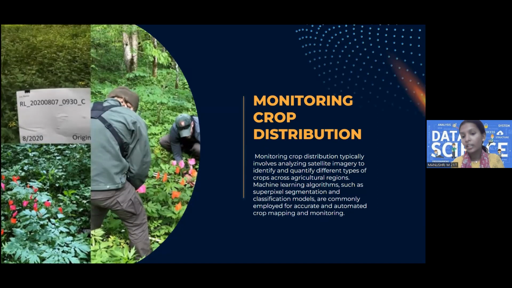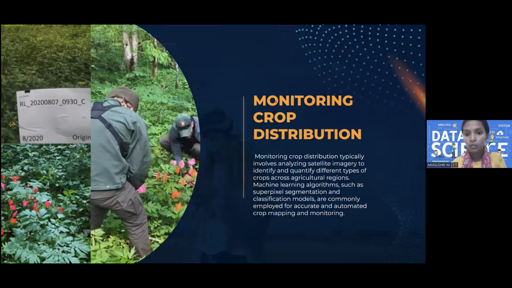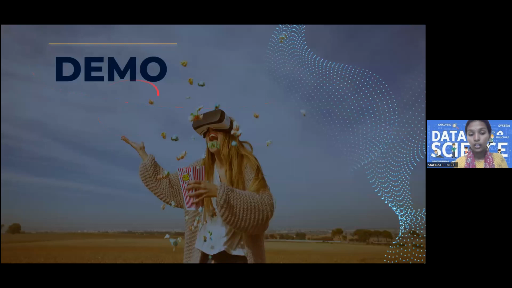In order to monitor them with the help of the satellite image, I need to analyze and gain insight through image segmentation. So this is what my task is about. Now let me show the demo of what I've done practically.